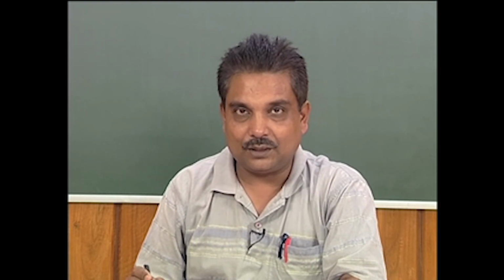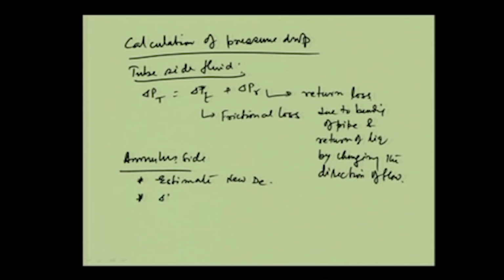So the effective diameter, or equivalent diameter, will be different, and then delta P total in this case also will be delta P T plus, here also we can say delta P loss. So, here this is again the frictional loss, and if I say R, again this is frictional loss.